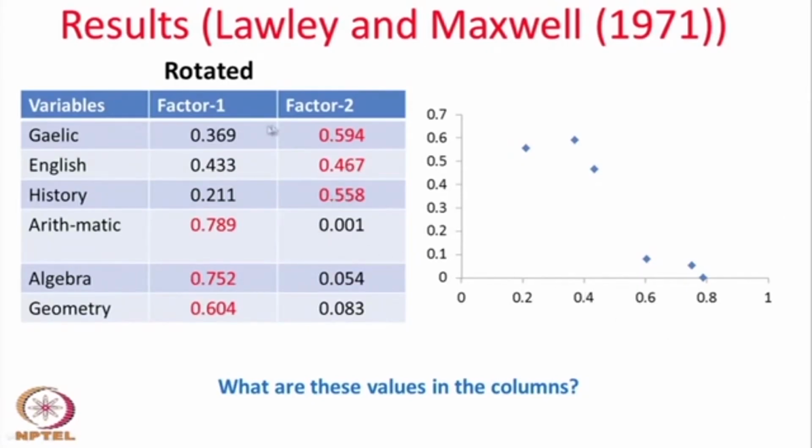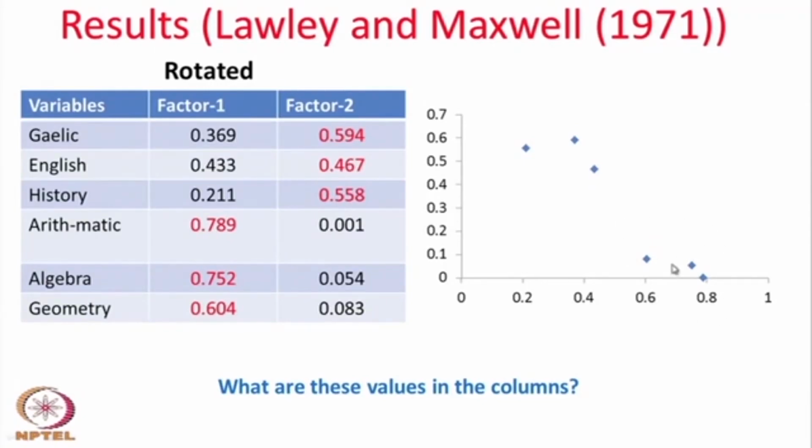And related to factor 2, at least what you are able to see is that the first 3 variables have higher loading with factor 2 in comparison to factor 1. So, this is a better picture.